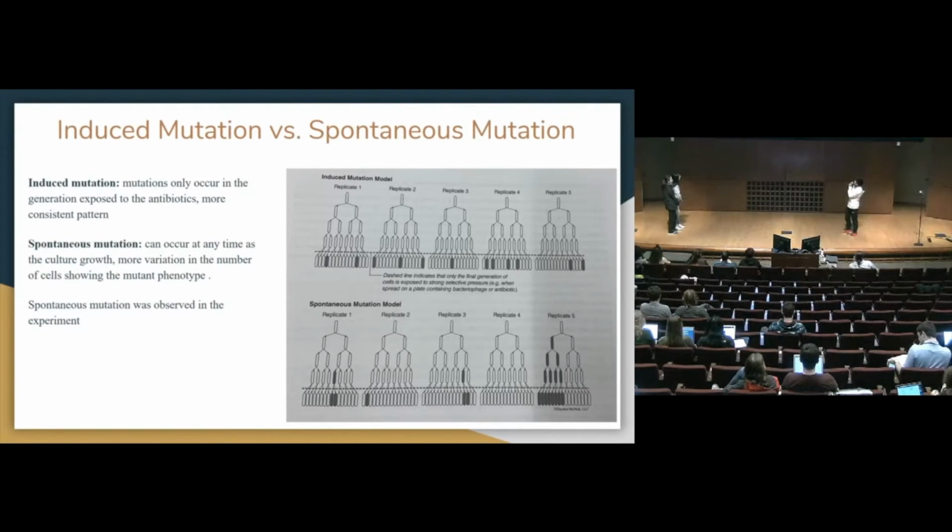So there are two different models or hypotheses about how mutation arises. The first model is induced mutation, which basically says that mutation doesn't arise until you apply some selection pressure onto the population. In our case, it is the antibiotics, because antibiotics are known to kill bacteria.